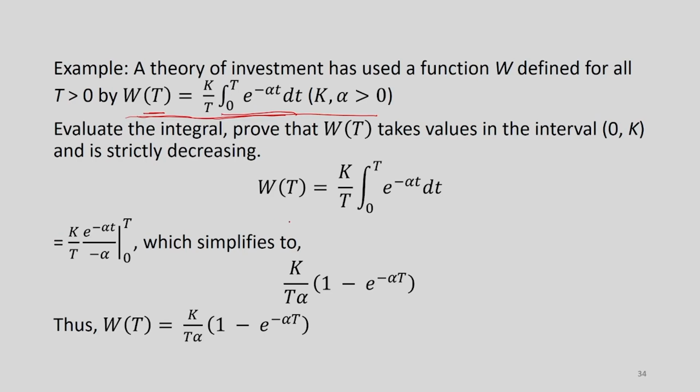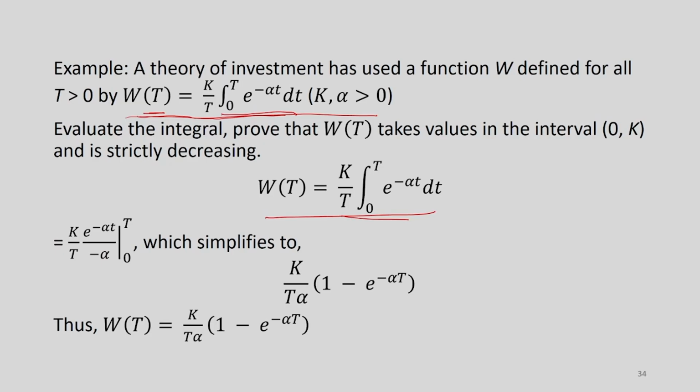The first thing that we have to do is to evaluate this. W(T) is K divided by capital T, times the integral from 0 to T of e to the power minus alpha small t d small t. Now, this is not very hard to integrate. Basically, you have an exponential function whose power is minus alpha t.